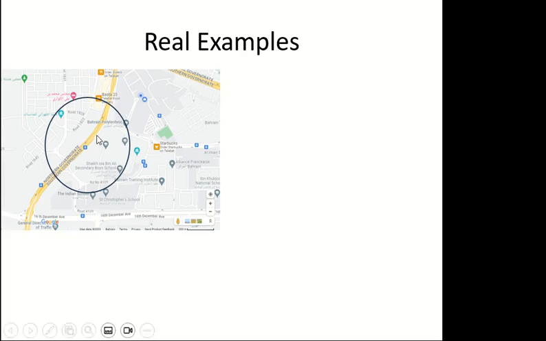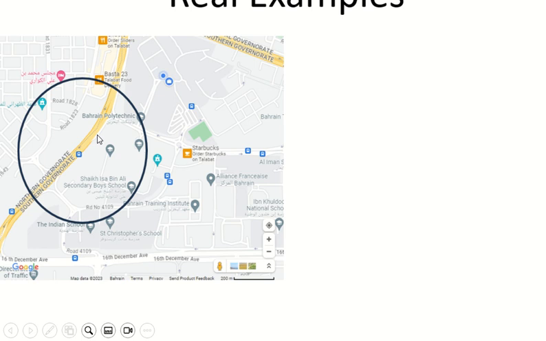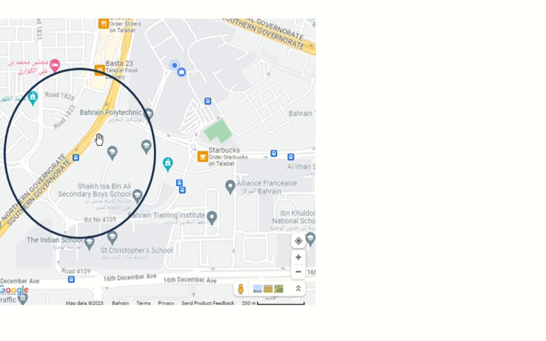One real example for this is near Adhari Park, on Sheikh Isa bin Salman highway, I believe. When you are taking the exit towards Isa Town, this one is actually more complicated than the one I'm showing you.